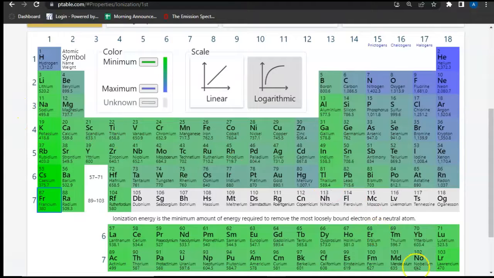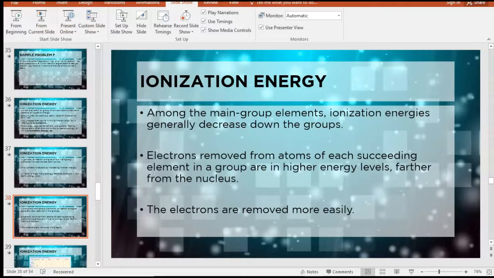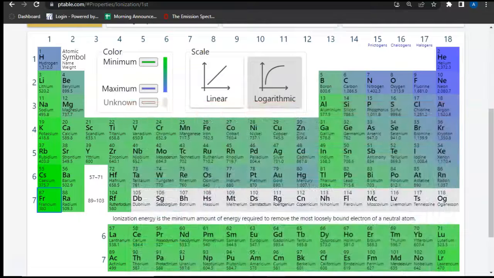So the analogy I always use, it's kind of a dumb analogy, but let's say you're dog sitting and you're trying to keep track of all your dogs that you're watching. If you are up here in the top row, so think your energy levels, how many energy levels your atom has.